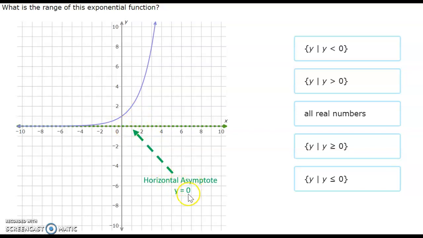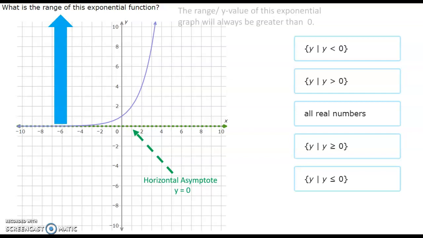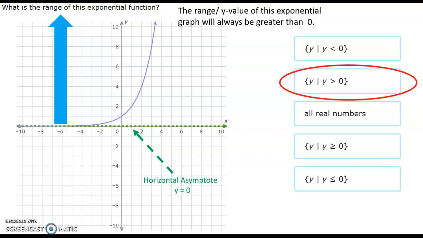Therefore, the horizontal asymptote is y equals 0. And the range is going to be any value that is above this horizontal line, or greater than this horizontal line. Therefore, the range of this particular function is going to be y such that y is greater than 0.